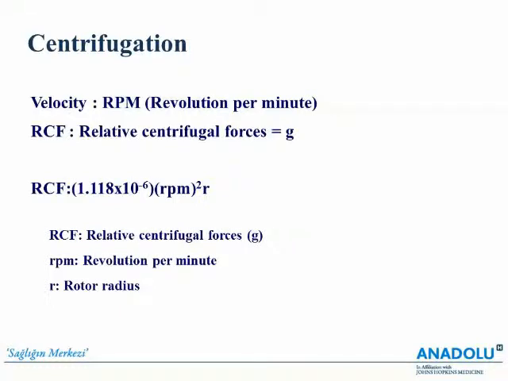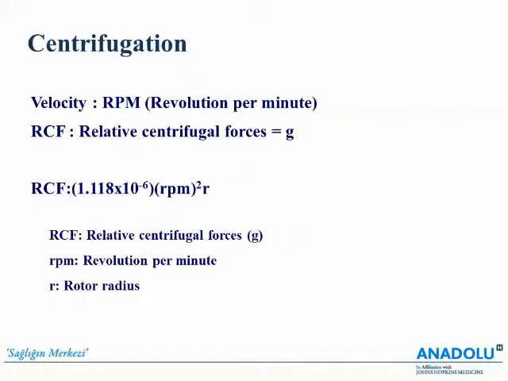This means that at the same RPM, if we use rotors of two different radiuses, the sedimentation rates will be different. So what we should be careful about is, if we use RPM, revolution per minute, in our terminology, we must state together with that the radius of the rotor so that our G can be calculated.